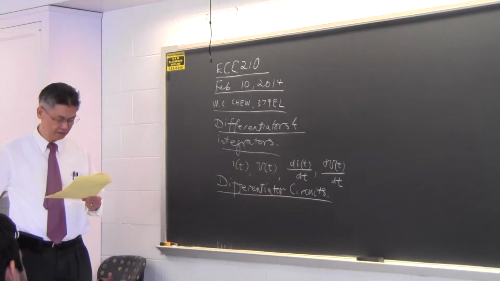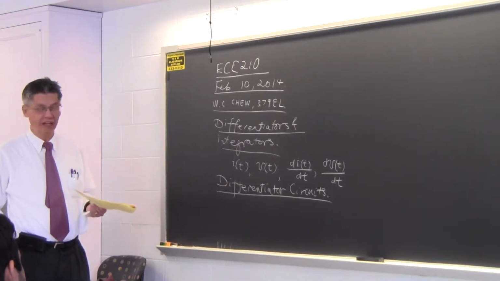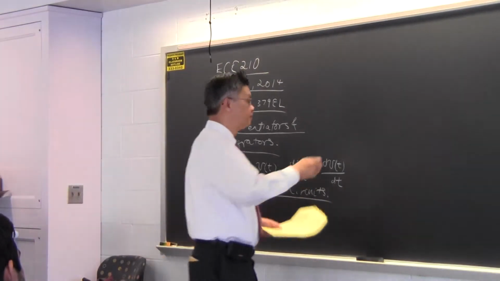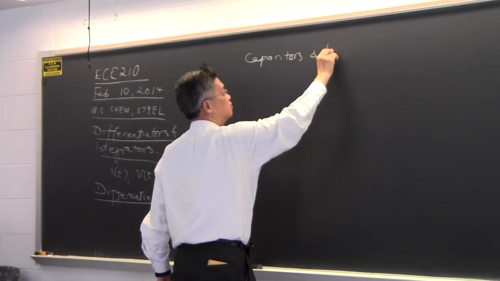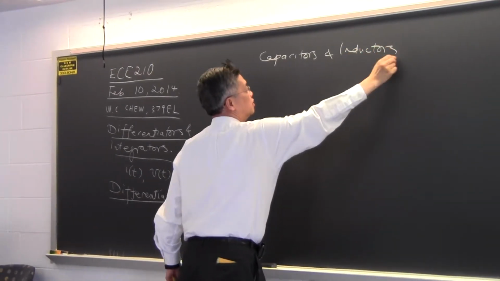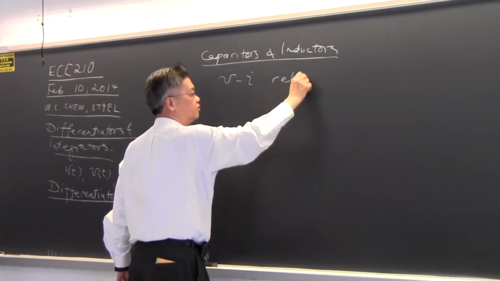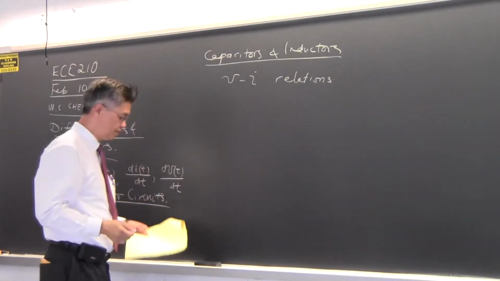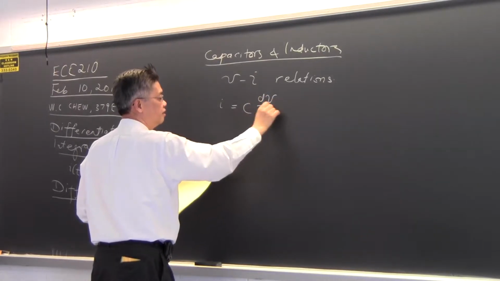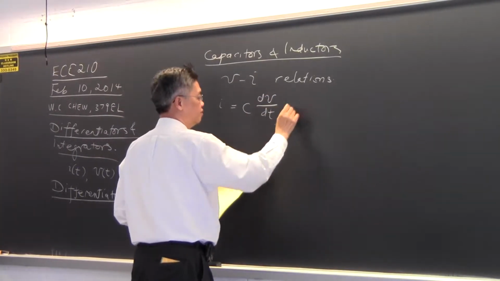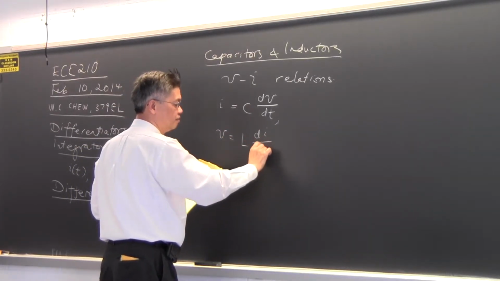Okay, differentiator circuits. We already saw some devices that have a differentiation relationship. Those are your capacitors and inductors, and those come from the VI relations that we have for these devices. For the VI relationship, we have I equals C dV/dt, and V equals L dI/dt.